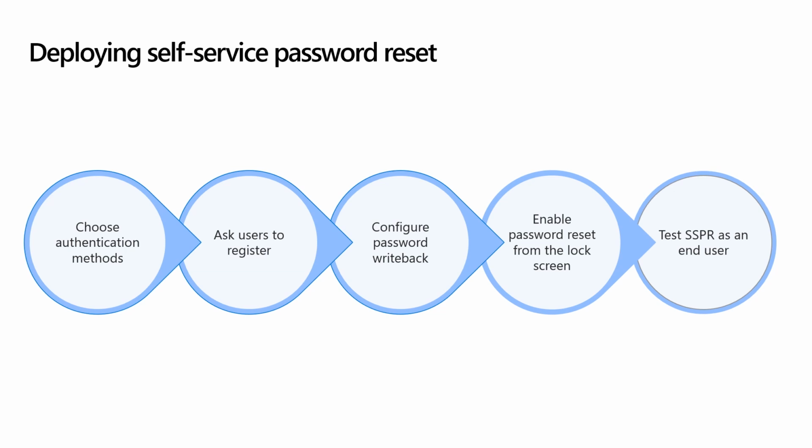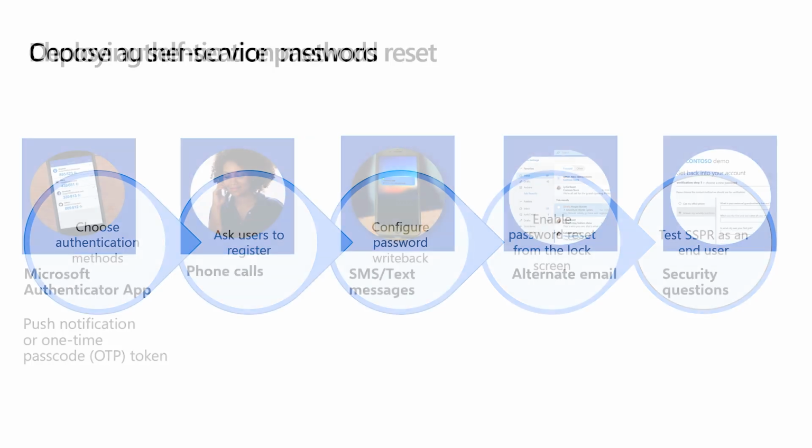If your users exist in an on-premises directory, you'll need to configure password writeback to keep your on-premises Active Directory in sync with password changes in the cloud. You can optionally enable password resets from the Windows lock screen as well. The last step is to validate your deployment by testing SSPR as an end user. Let's double-click into each of these steps.